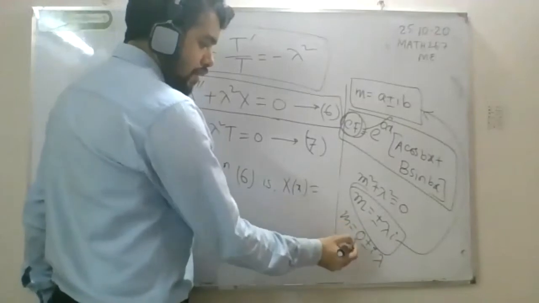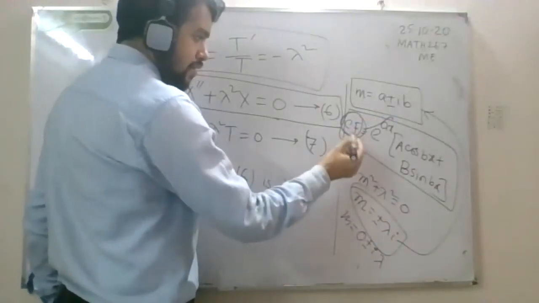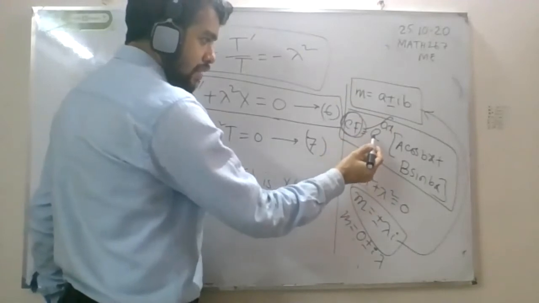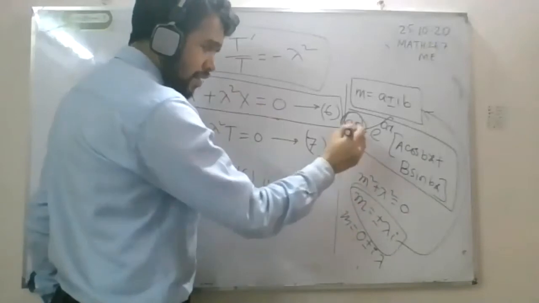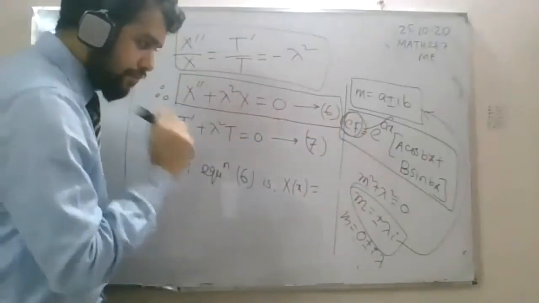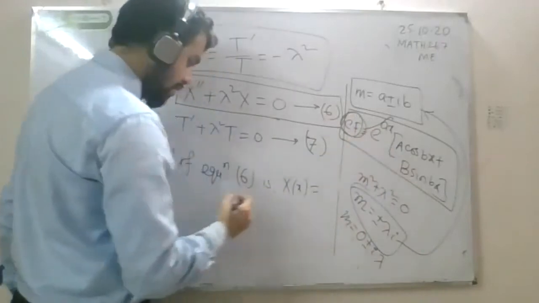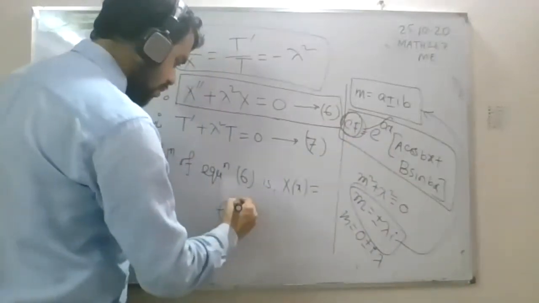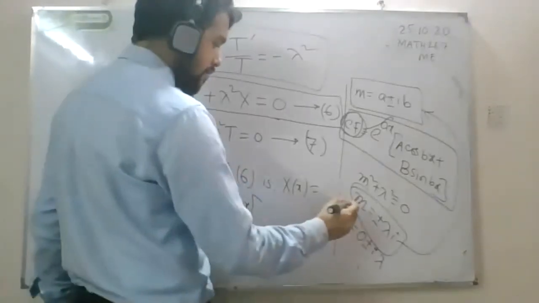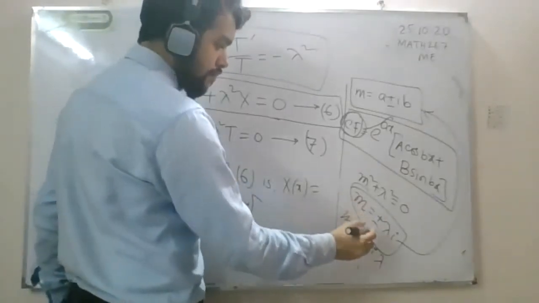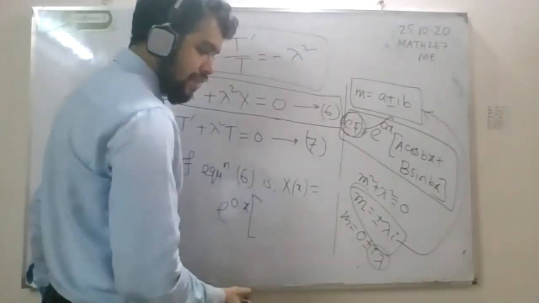If m equals a plus ib, that means 0 plus i lambda, then the complementary function will be e to the power ax, that means 0 into x, so e to the power 0 into x, and plus minus i lambda.